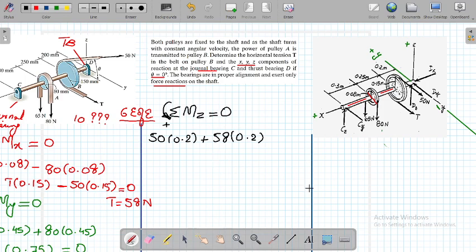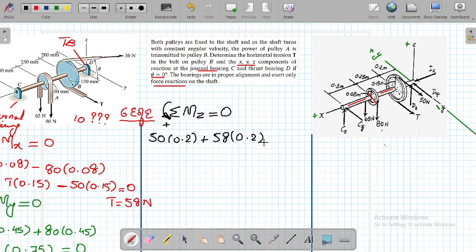Cy is along the positive y-axis and the moment arm is along the x-axis, 0.25 meter plus 0.2, it will be 0.75 meter. From the z-axis, this Cy force is going to take the body about the z-axis in a clockwise sense.